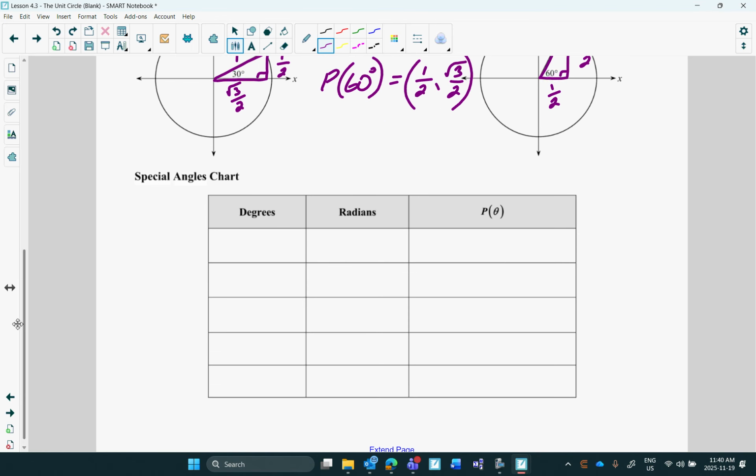So just to summarize, and I'm going to leave the first one and the last one blank for a second. When it's 30 degrees, the point on the unit circle we saw from above is this. When it was 45 degrees, the point on the unit circle had the exact same 2 values, root 2 over 2.